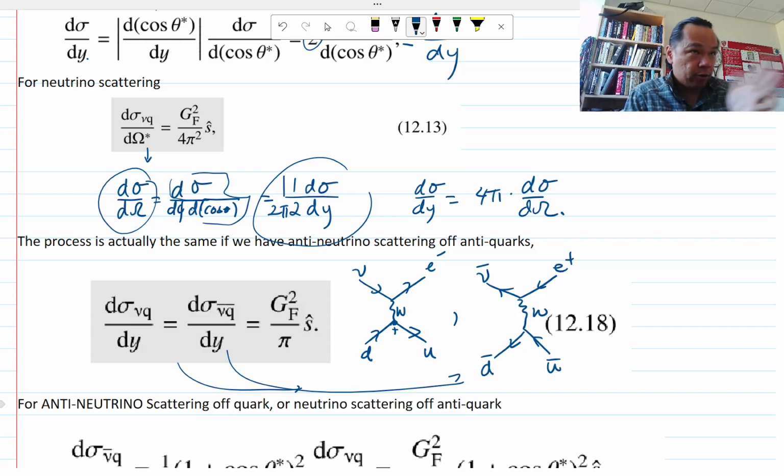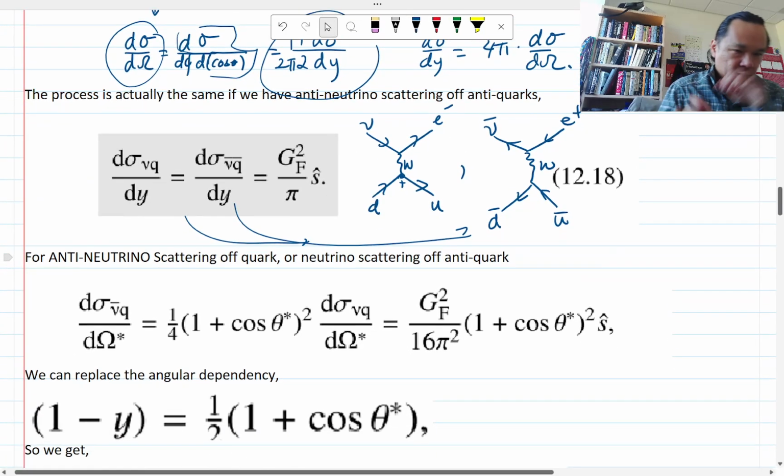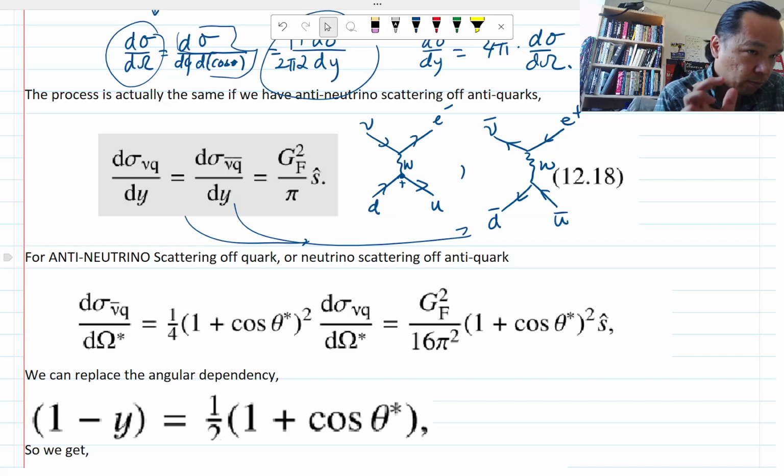But of course, if you're scattering off a nucleon, protons or neutrons, mostly you're going to be scattering off quarks as opposed to antiquarks, because the antiquarks are just from this gluon sea. They come in and out of existence from the gluon as opposed to being permanently there, like the 2 up quarks and 1 down quark that you have with the proton.